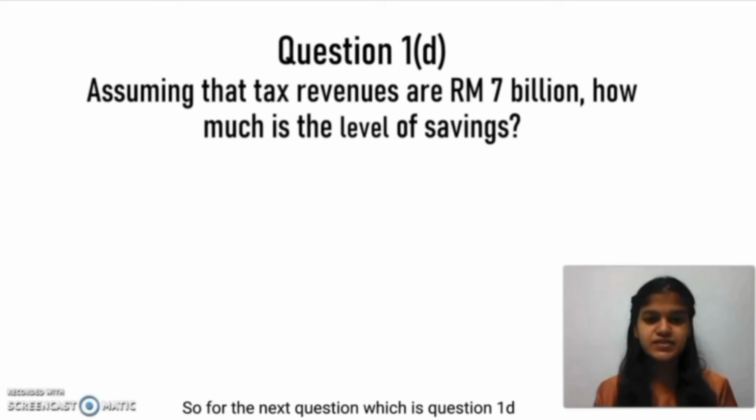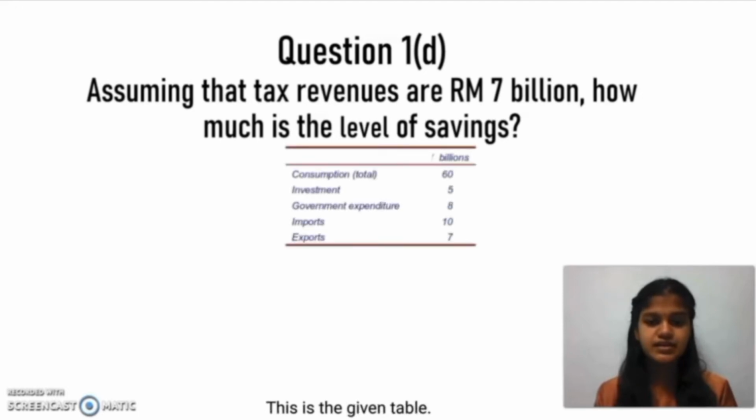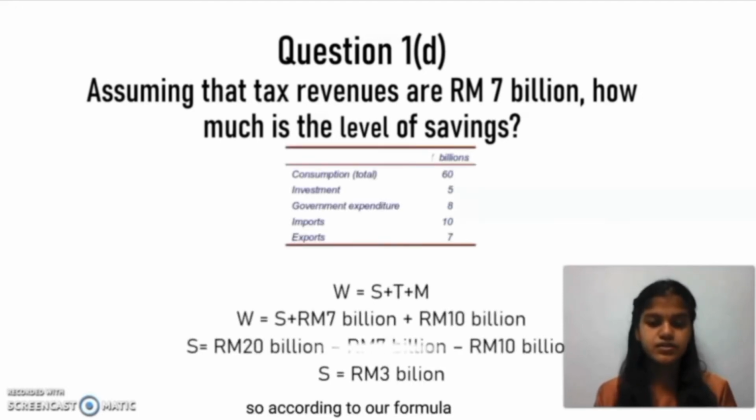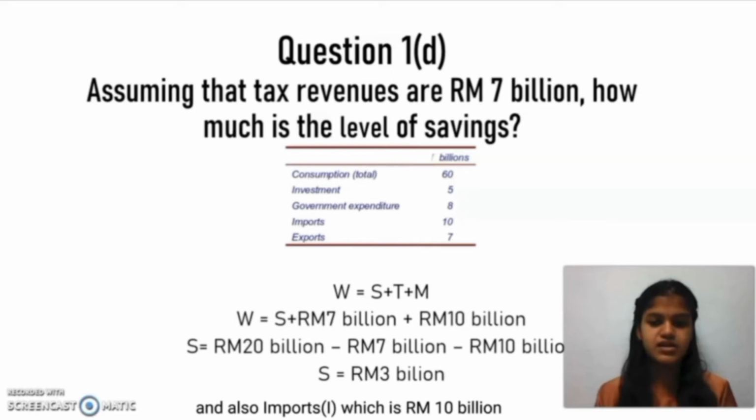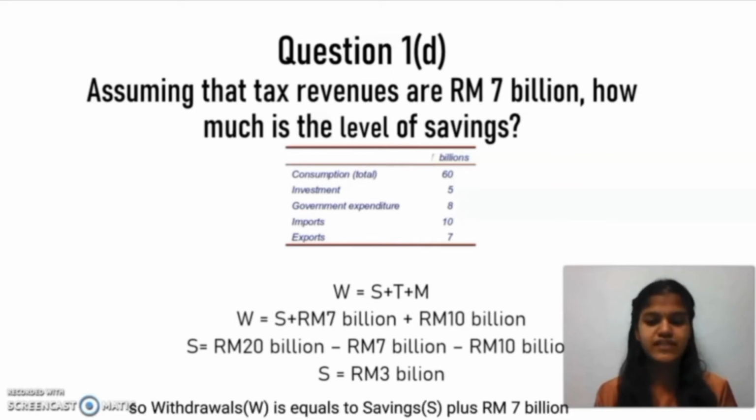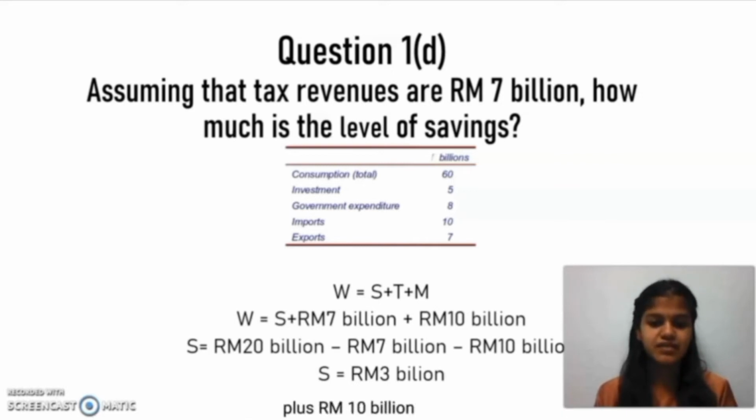So for the next question, which is question 1B, assuming that tax revenues are RM 7 billion, how much is the level of savings? This is the given table. So according to our formula, withdrawals equal savings plus tax revenues plus import. Since we have the tax revenue, which is RM 7 billion, and also imports, which is RM 10 billion, withdrawals equal savings plus RM 7 billion plus RM 10 billion.